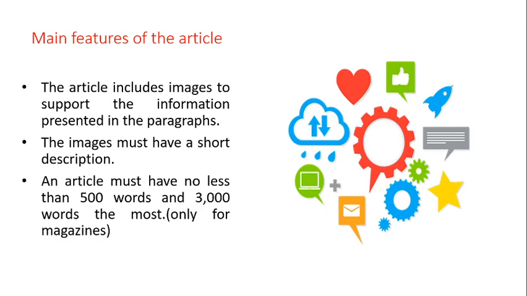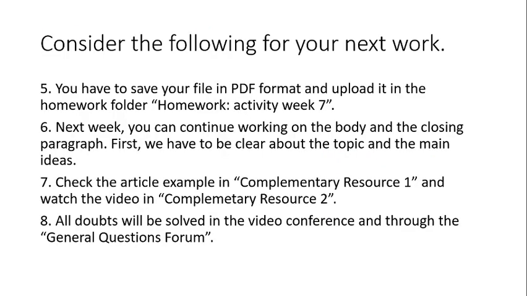The shortest has to be 500 words, and the longest 3,000 words. That's only for magazine purposes. I don't expect that you write a 3,000 word article, but at least no less than 500 words. That's the most important. No less than 500 words.